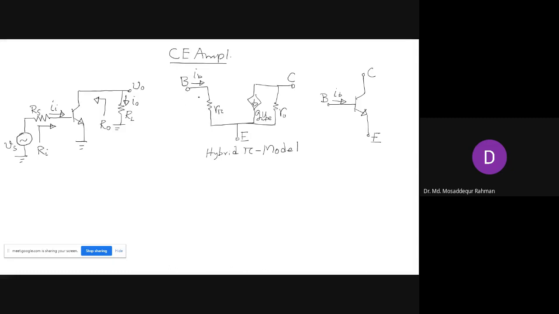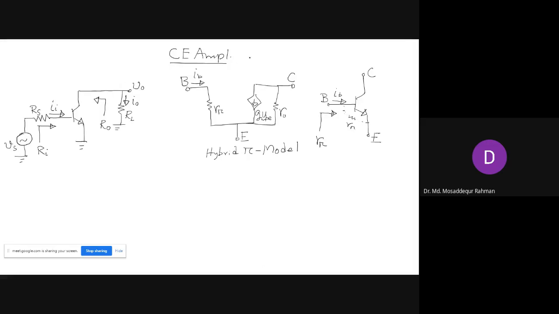If you look from the base side, the resistance that you see between base and emitter is R pi. That is the internal resistance of the transistor between base and emitter. So that is our R pi, looking into the base.